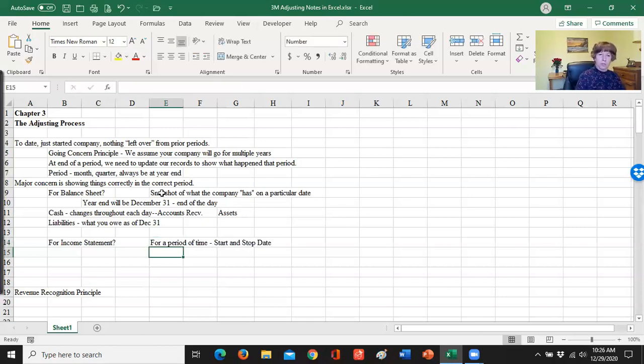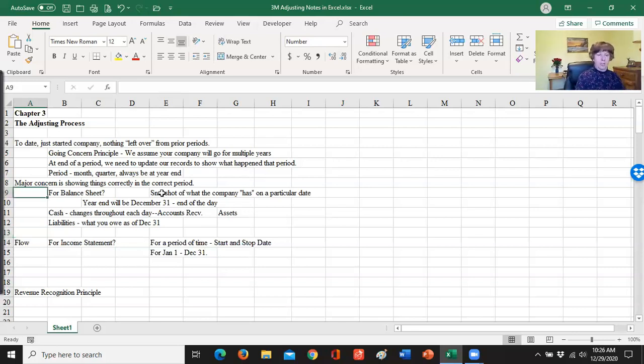So when you look at your income statement, it will say for, like, January 1 to December 31. We need to know what happened during that period of time. Because of that, sometimes people say the income statement is a flow. It's like watching the river go by, how much water has gone over the dam that particular period.